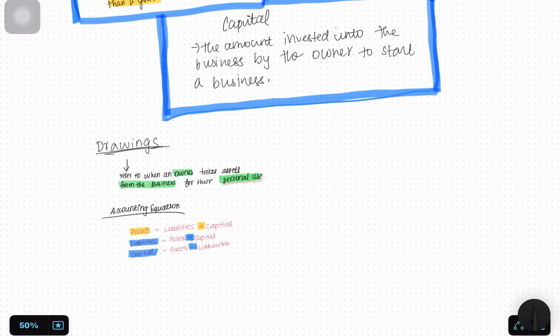The statement of financial position will be affected every time the business makes changes to the assets, liabilities, and capital. Every single transaction will result in at least two changes which balance out. Both sides of the equation can increase by the same amount, both sides can decrease by the same amount, or both sides can stay the same.